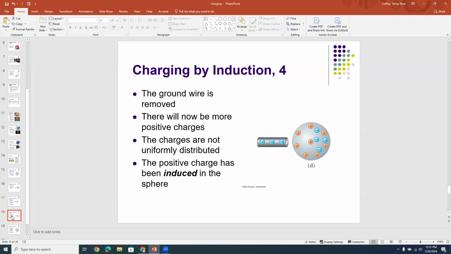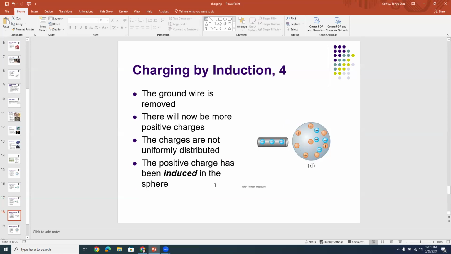Now, if after you do that, you then disconnect that wire while still holding the negative rod near, then what'll happen is you'll leave that metal sphere with a net positive charge, because the electrons ran away from the electric charge here, went into the ground and disappeared, right? And then you have this net positive charge left in your metal sphere.